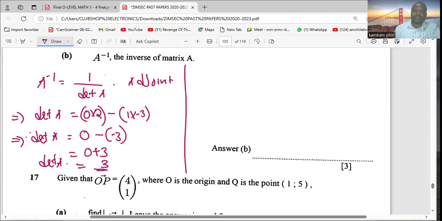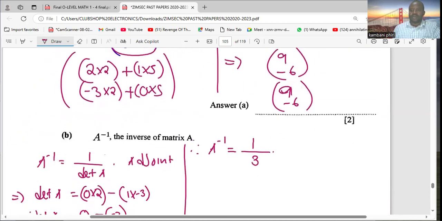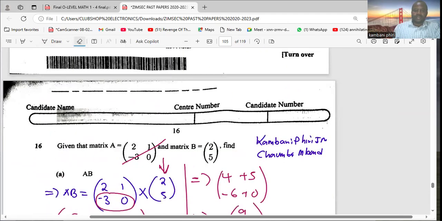So therefore, the inverse is equal to 1 divided by 3 multiplied by the adjoint. So how do you obtain your adjoint? You do some changes.